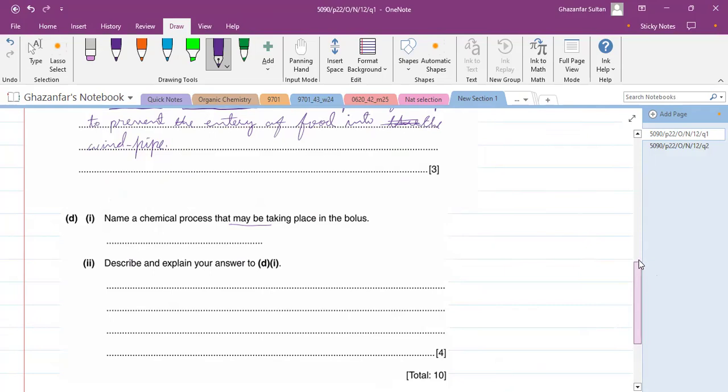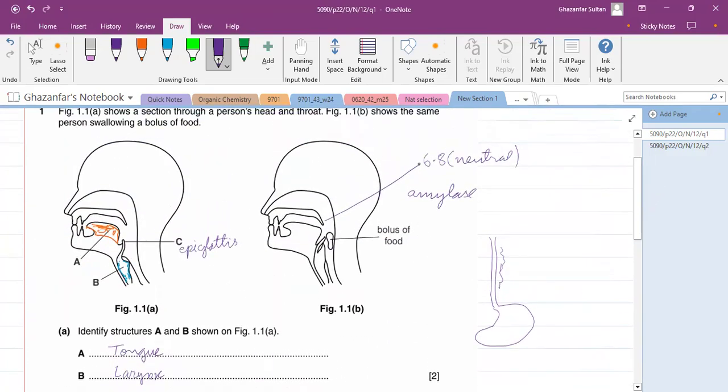As this enzyme is secreted to work at 6.8 and there is no change in pH throughout the esophagus. So from pharynx to esophagus, there is no change in pH. So amylase is active and it can digest.